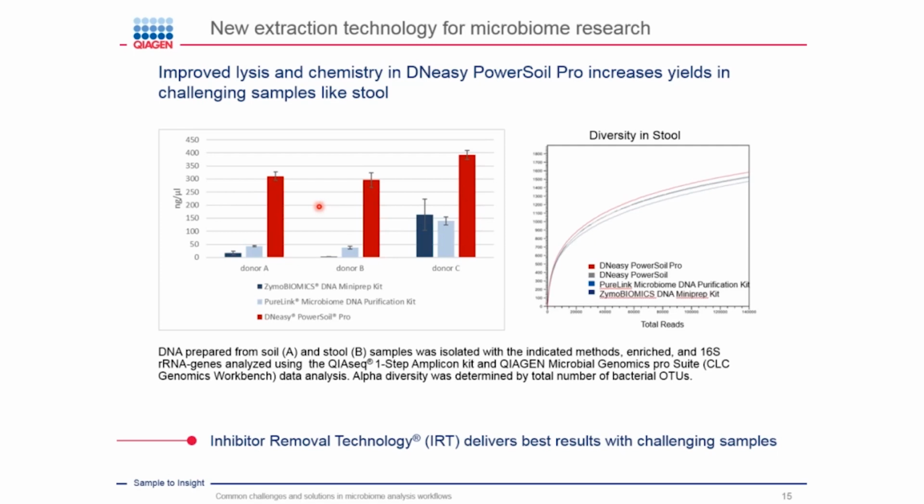And this means this kit is capable of giving you a much better picture of your microbiome, which is in your sample, than other kits are capable to do. Here on the right side, you can also see this by looking at an alpha diversity plot. The kit has the highest diversity of all analyzed kits in this setting.